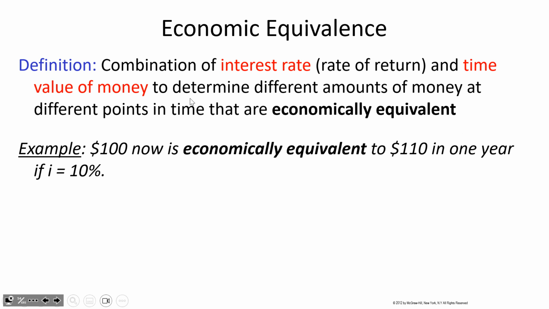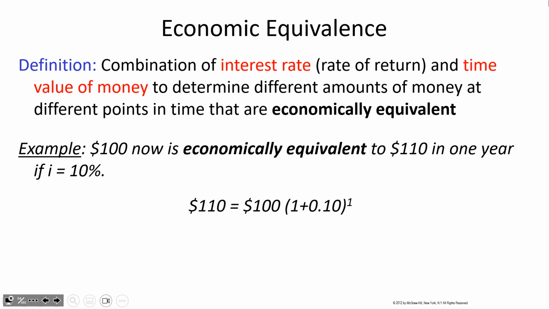So economically equivalent. We could calculate that amount using the formula F equals P times 1 plus I to the n. Now it's obvious to see when it's just 1 year that it's going to be $110 if I equals 10%. But sometimes it's less obvious if we've got a long time period between the two.